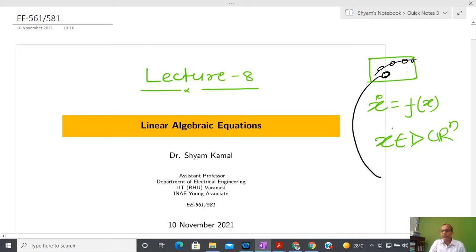This is called an autonomous system, where no extra variable is involved. If you linearize that system about some point, most of the time we select the equilibrium point. The definition of an equilibrium point is that if you start from that point you have to stay there, meaning x dot, the rate of change, equals 0, so f(x) = 0 is the equilibrium point.